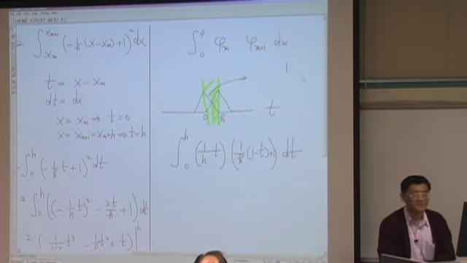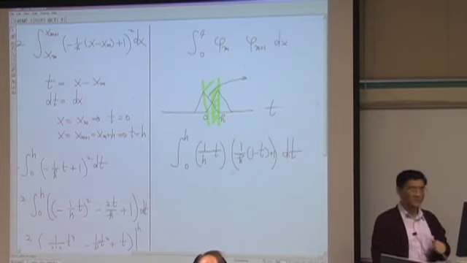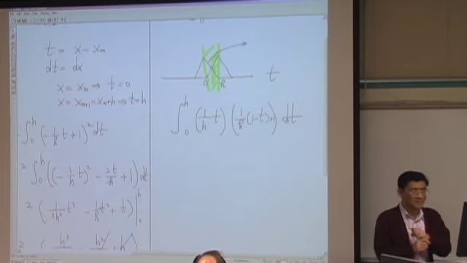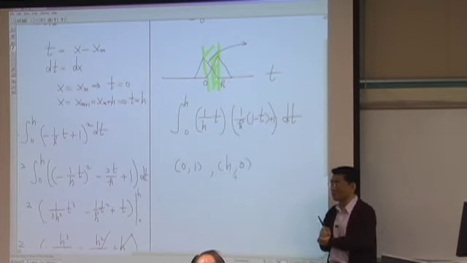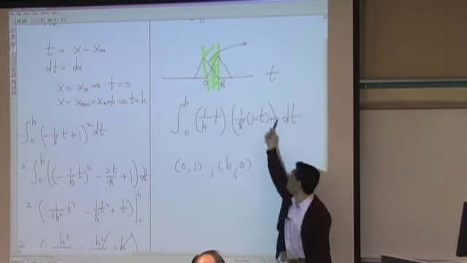I will do it slowly. That's middle school calculation. We have points 0 and 1, and then h and 0, right? So we should have a line passing through these 2 points. I'm having a hard time finding this.